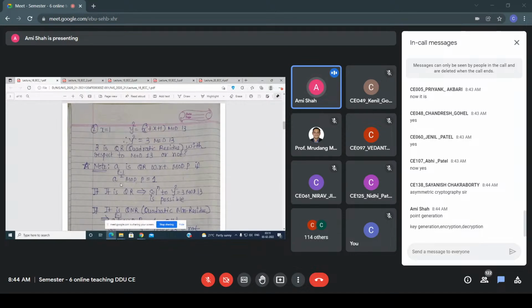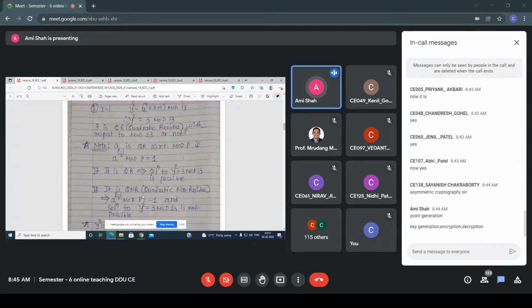If you get 1, then it is a quadratic residue and the solution is possible. If you get minus 1, then the solution is not possible.